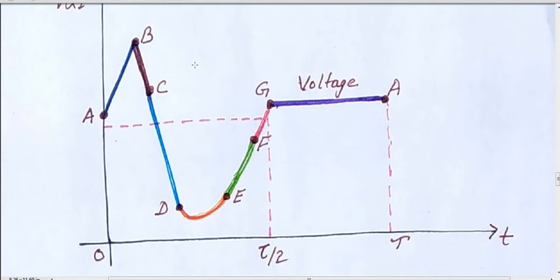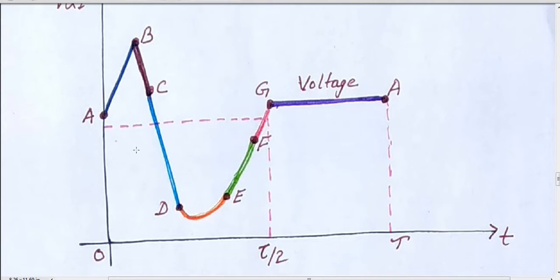Now in this particular figure, we can see this A to B region shows the charging. B to C shows the plasma formation. This D to E region shows the plasma extraction. E to F shows residual extraction, and this F to G shows the charging.